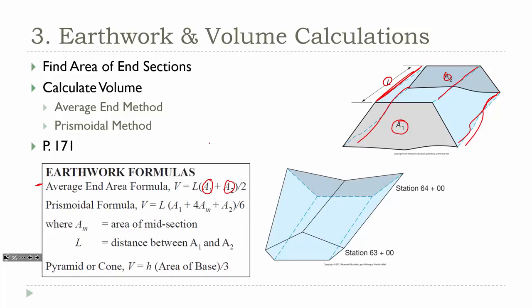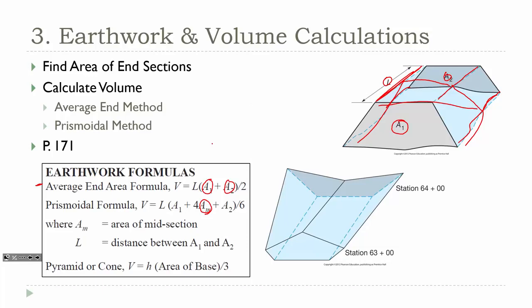The prismoidal formula is for when you have reason to believe there's a significant change at the midpoint between the sections, say it's widening out or narrowing in, and you can approximate the area. A sub m is the area at some midpoint, roughly halfway between A1 and A2. You plug that in, and the prismoidal formula is supposed to give you a slightly more accurate result because it accounts for the midpoint section being different.